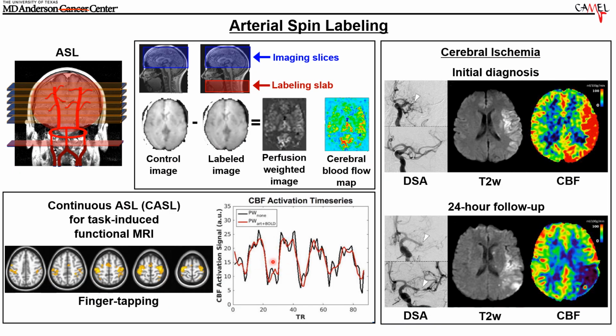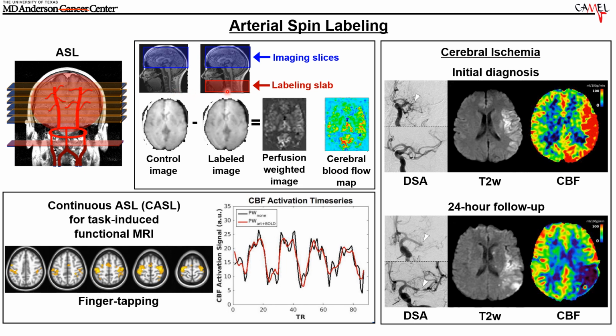So here's another contrast mechanism. In this case, arterial spin labeling is performed by exciting a plane of magnetization, in this case, right below the brain in the brain stem area, or in the blood vessels leading into the brain. And so that magnetization is excited, but then the magnetization is not detected in that same plane. Instead, it is detected in these other planes as the blood flows into other parts of the tissue.